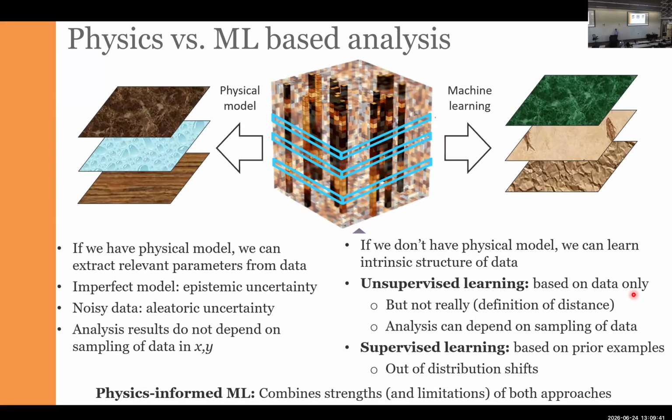Another very important thing is that we always think that unsupervised and supervised methods don't depend on physics. That's not true, because any machine learning method is predicated on some fundamental definition, like the definition of distance between the instances of data. Unfortunately, the definition of distance is a physical property.